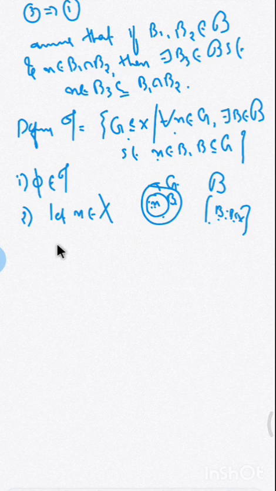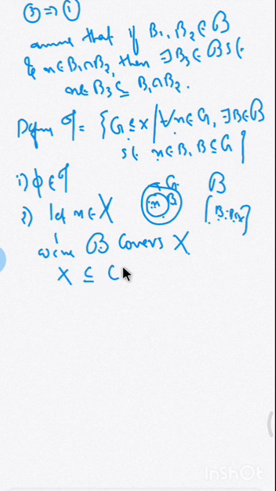And what do you know about script B? Script B is a collection of subsets of capital X such that script B covers X. What is the meaning of cover? Cover means when a collection covers a set X, that set itself is contained in the union of the members of that collection.